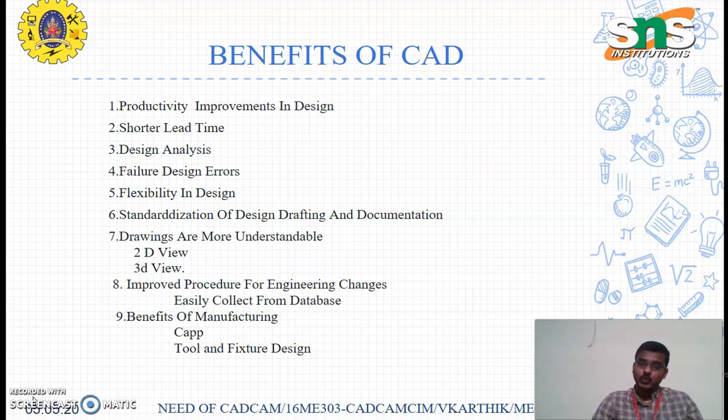But if we use CAD in our systems, you can easily sort out the time. In a very short time we can design a product and make it into the finalized component.